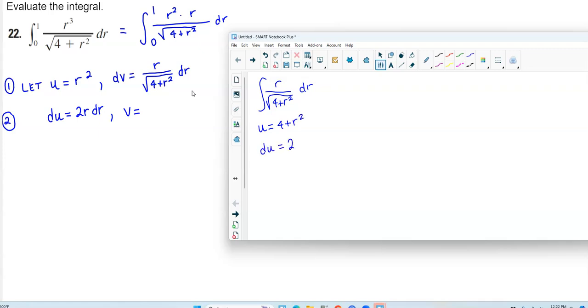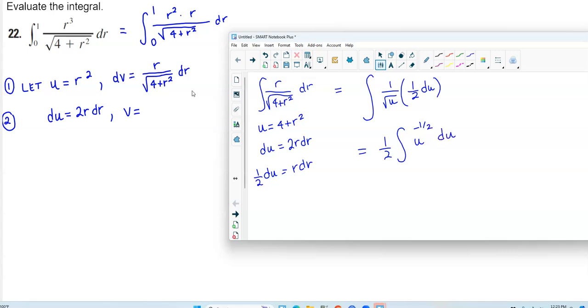Du is going to equal 2r dr, and then 1/2 du is going to equal r dr. And so therefore, when we do our substitution, we're going to have 1 over the square root of u times 1/2 du. So we have 1/2 u to the negative 1/2 du.